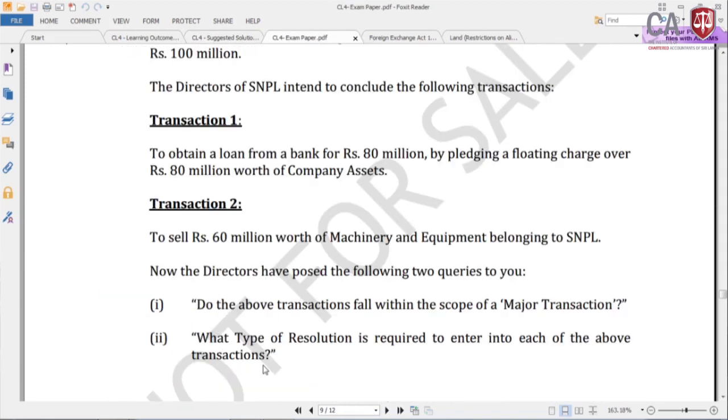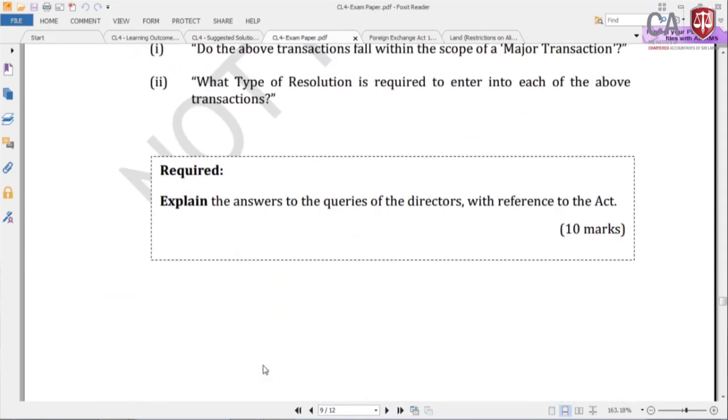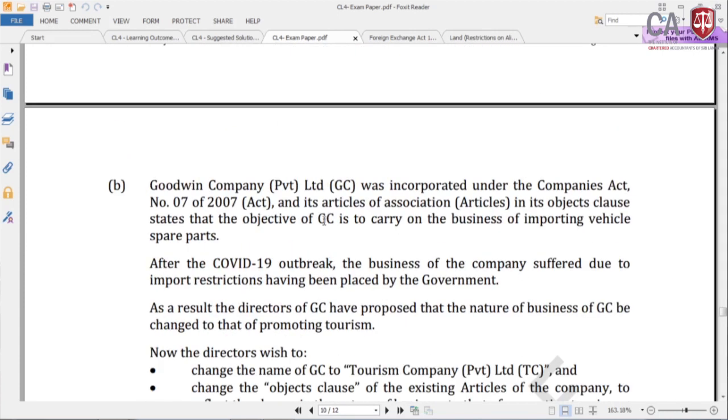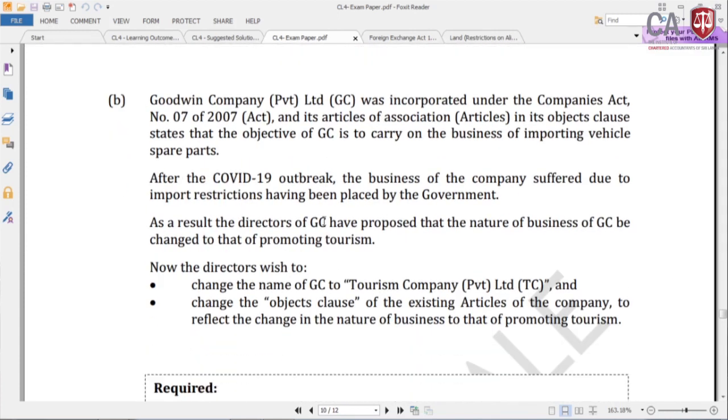Now, let's go to the next question. You are required to explain the answers to the queries of the directors with reference to the Act that we have done. Second one, part B of question number 6.